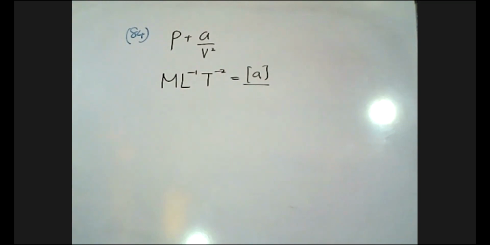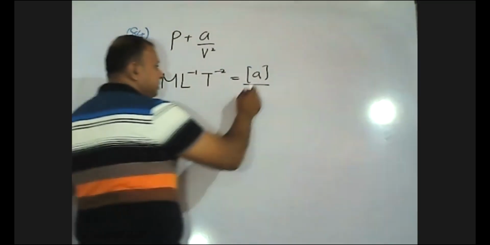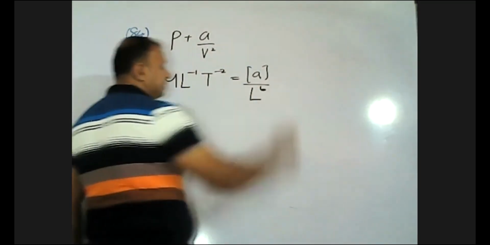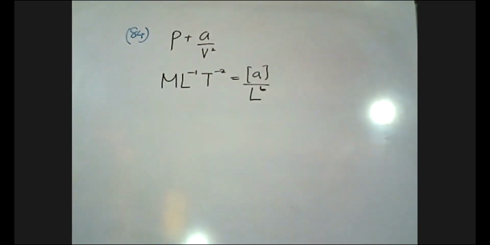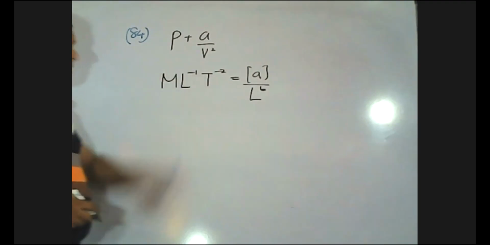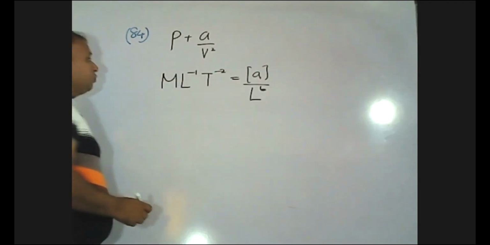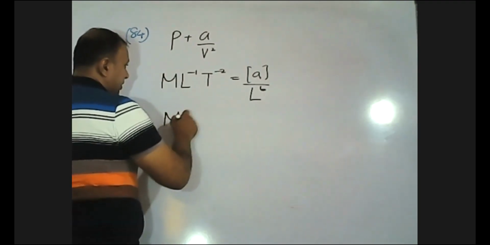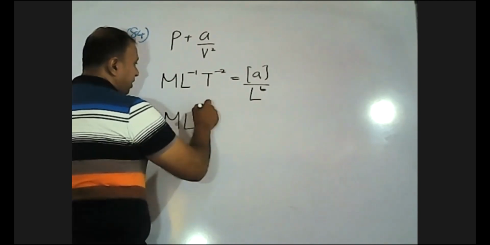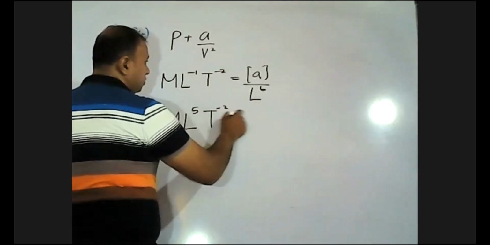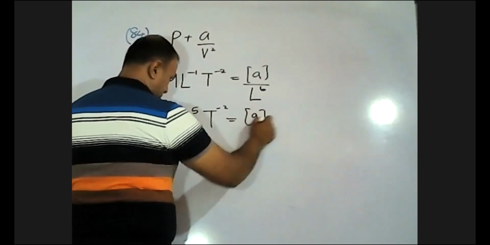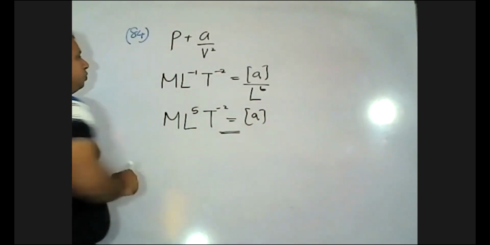V means volume, so volume squared means L to the power 6. If I bring L to the power 6 here, 6 minus 1 means 5. So M L^5 T^-2.